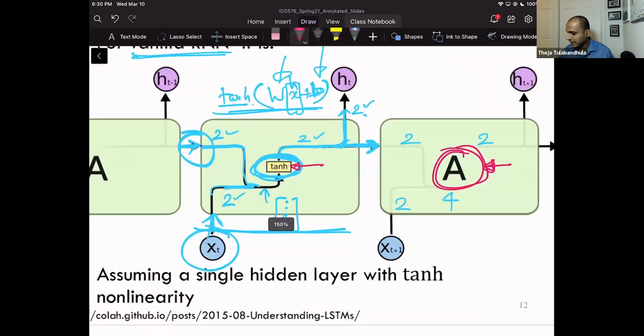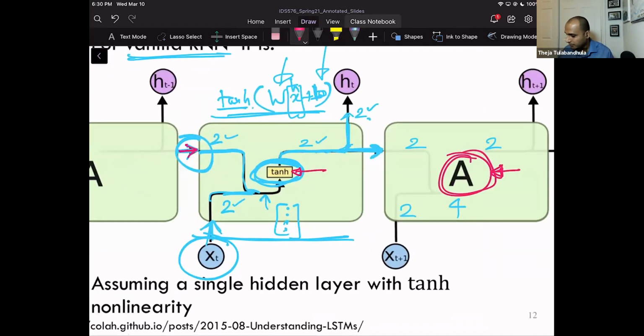So what is happening? 2 inputs. You can see there's an input here, and an input here. We're just representing this function in a pictorial way. Let's say there are 2 dimensions: the input coming from the previous processing step is a 2-dimensional vector, and the input coming right now, xt, is also a 2-dimensional vector.